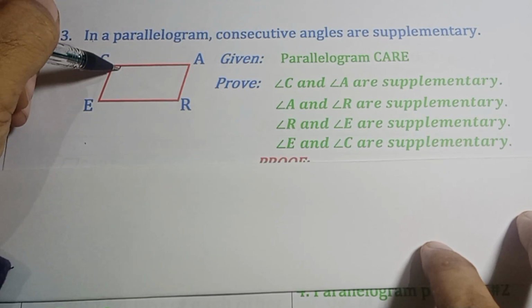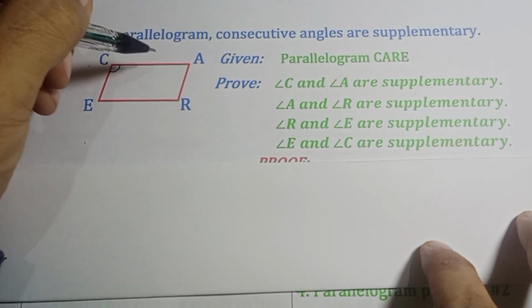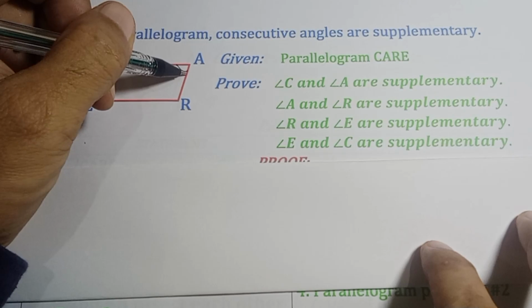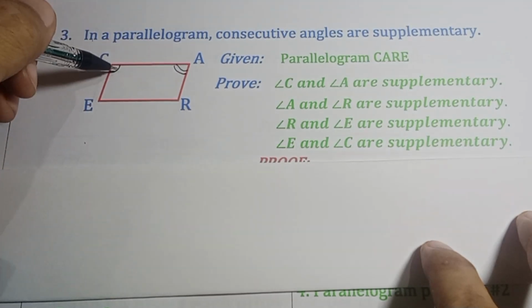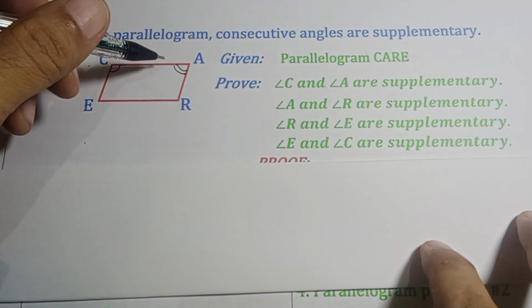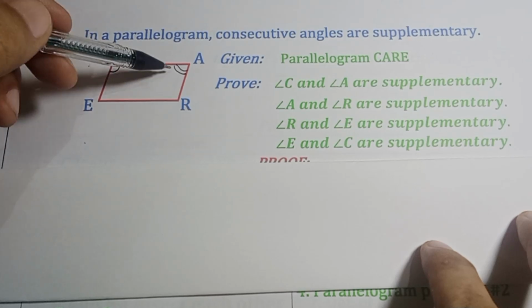This angle C is consecutive to angle A. Okay, these are consecutive angles. And it says that these angles are supplementary.